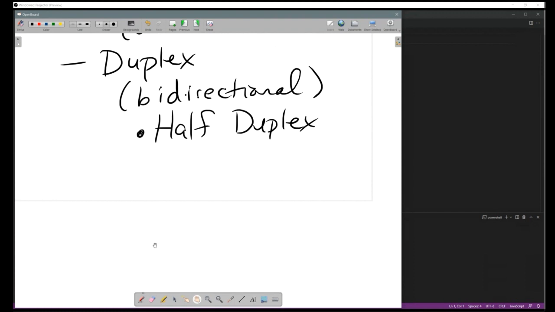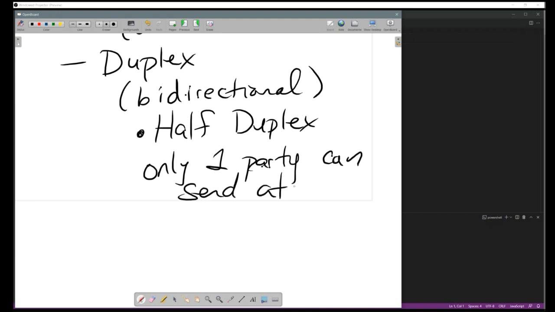Half duplex means only one party can send at a time. So you can both send data, but only one party can send at a time. You can think about a walkie-talkie.